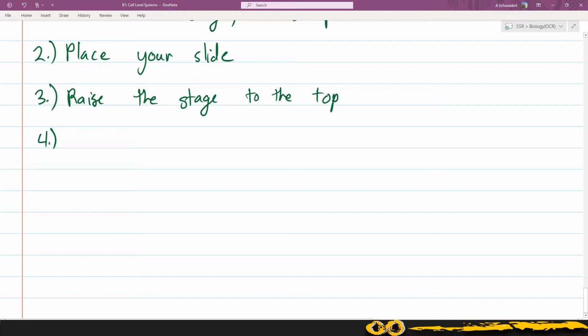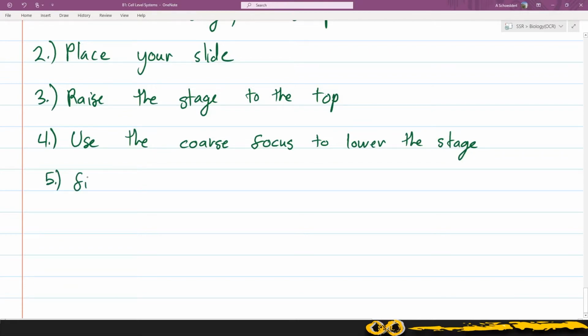So once your stage is up at the top, you're going to move into focusing. So you're going to look through the microscope, and you're going to begin by using the coarse focus to lower the stage into focus. And you may need to use the fine focus for some extra adjustments and just to make sure.